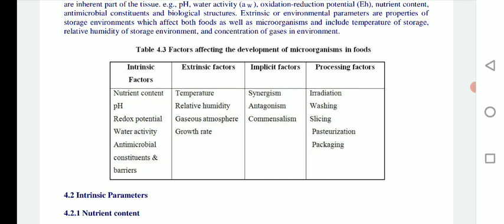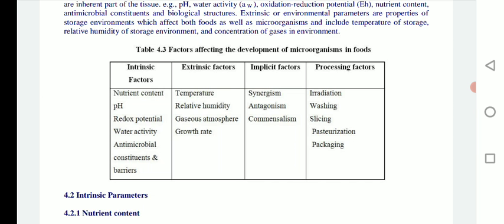Then there are some external environmental factors like temperature, relative humidity, gaseous atmosphere, growth rate, and implicit factors such as synergism, antagonism, commensalism, and processing factors such as irrigation, washing, slicing, pasteurization, packing, etc.